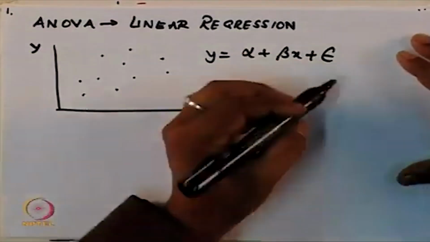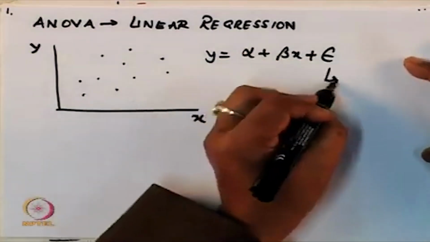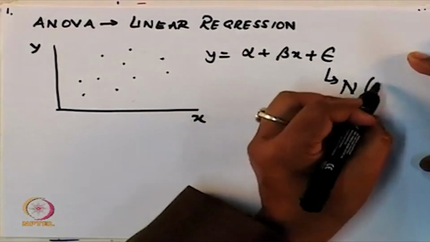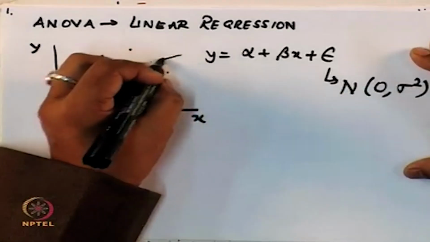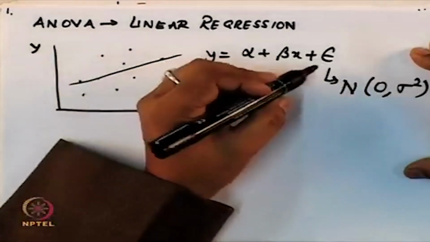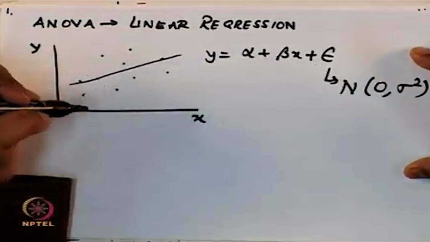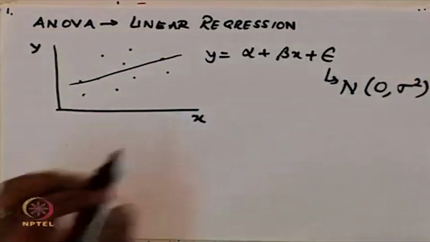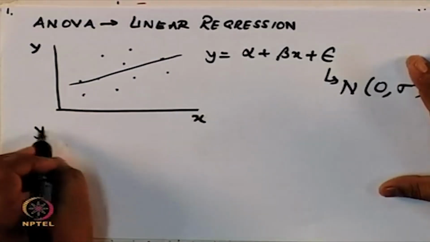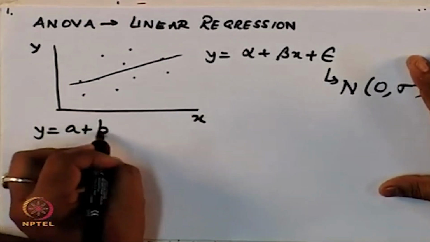Okay. So, this epsilon follows a normal distribution with mean of 0 and variance of sigma square. So, it is as if on a line you have added a random error term at each point, thereby generating this scatter.